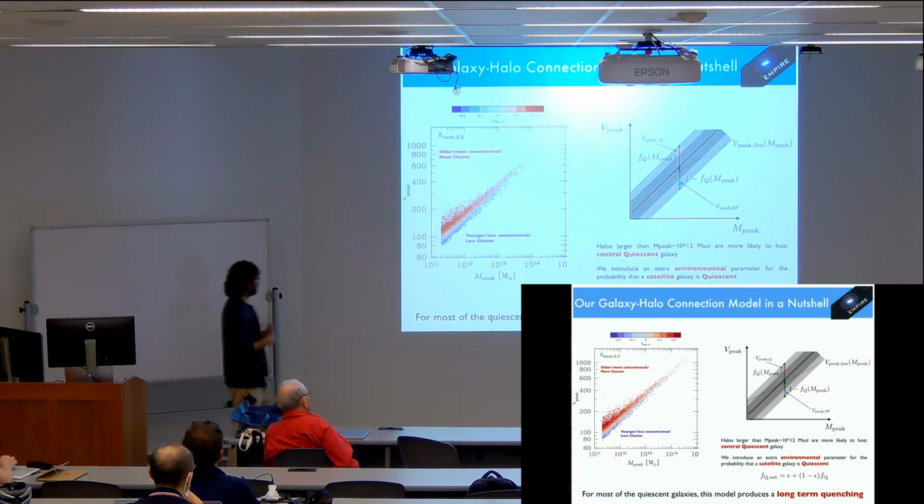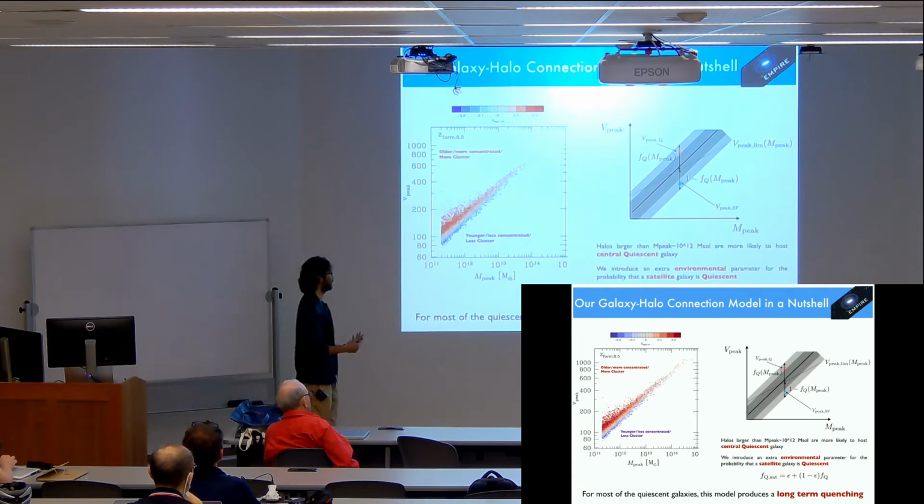So in our idea, we wanted to correlate this with the properties of our galaxies. So what we did is to define a threshold in which galaxies above it, by crossing this threshold, will be more likely to be quiescent, and below will be more likely to be star-forming galaxies.